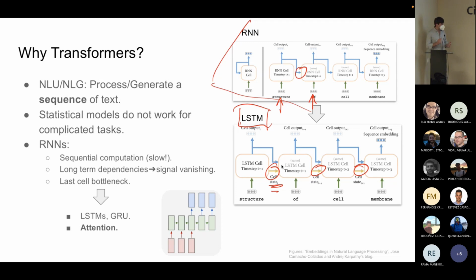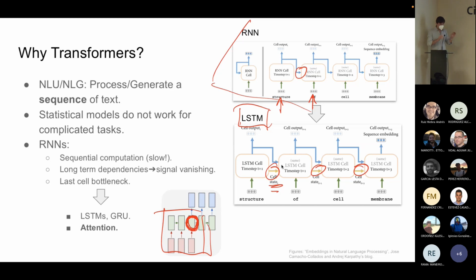And also, if we want to do a sequence-to-sequence task, for example, translation, we want to encode a sentence in English and get the sentence in French. We have a problem. We encode the information like in the bottom, and then we have to have here all the information from the English sentence condensed in that point.